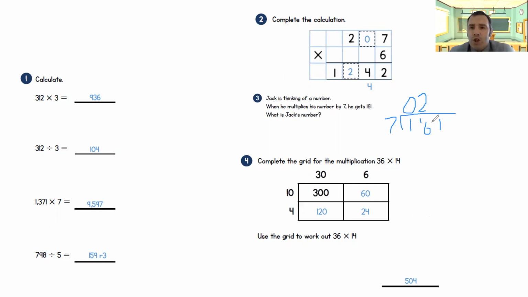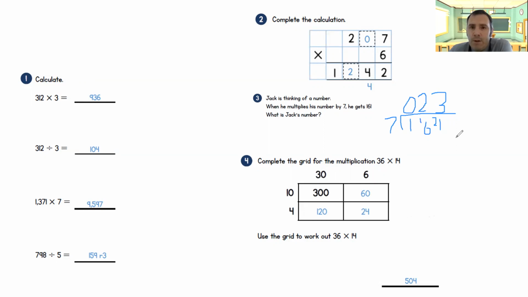I've then got 2 more to exchange up. So I'm now dividing 21 by 7. Gives me the answer of 3. So Jack's original number was 23.